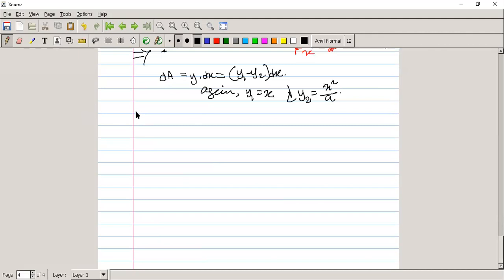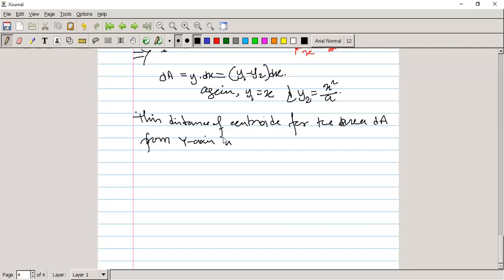So this distance of centroid for the area dA from y-axis is given x1 is equal to x, and distance, sorry, this is y1 actually, and distance from x axis is given by y dash.